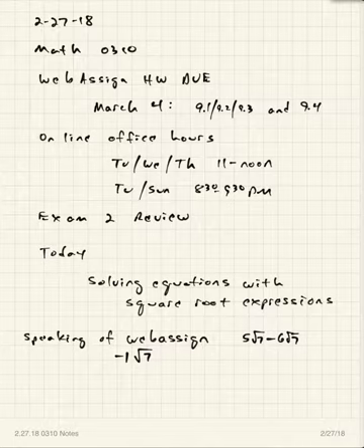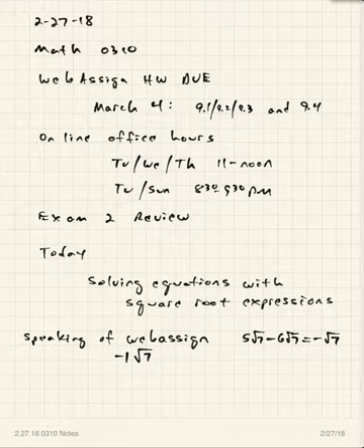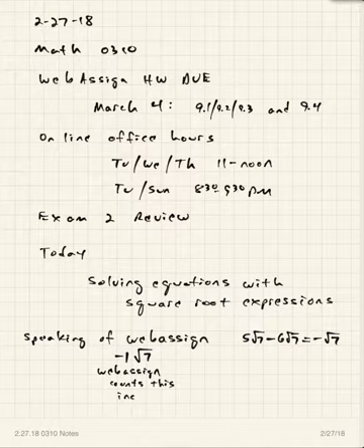You take 5 minus 6 and you get -1, so that would be negative square root of 7. If you write -1 times the square root of 7, WebAssign will count this wrong. So it counts this incorrect, and counts this one as correct.